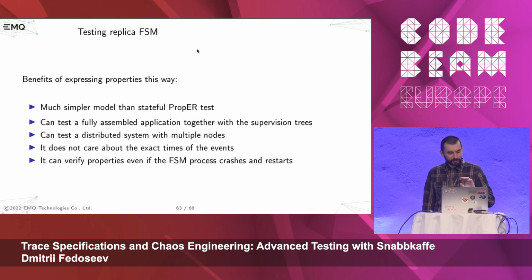With this approach, we can test a fully assembled application together with the supervision trees. We can test a distributed system running on multiple nodes. And this specification does not care about the exact times of the events, so it can verify properties even if the state machine process crashes and restarts.